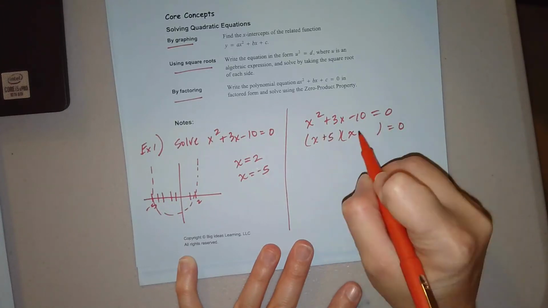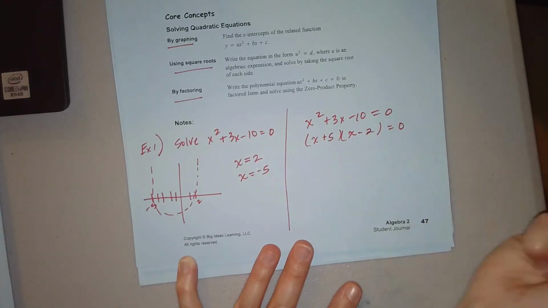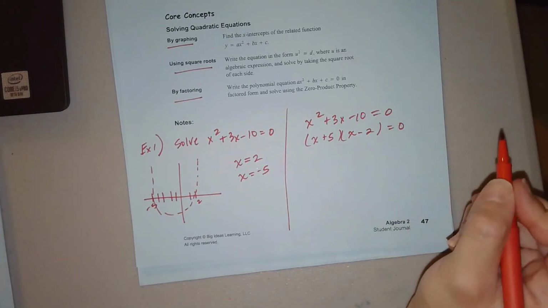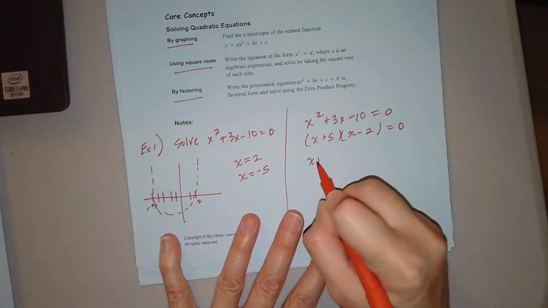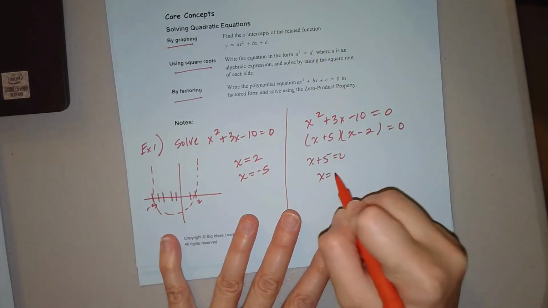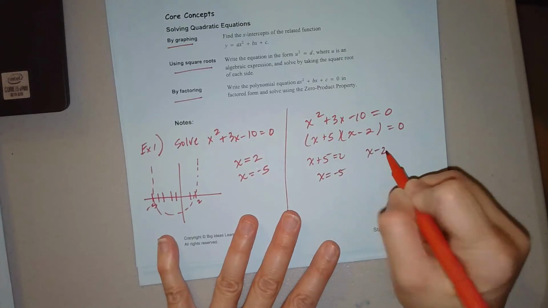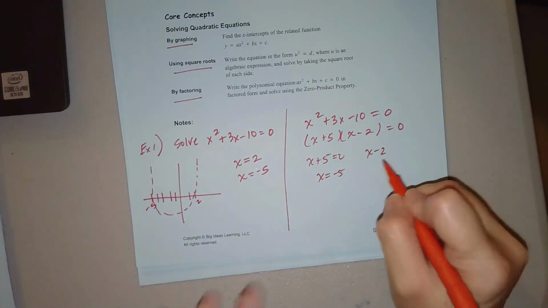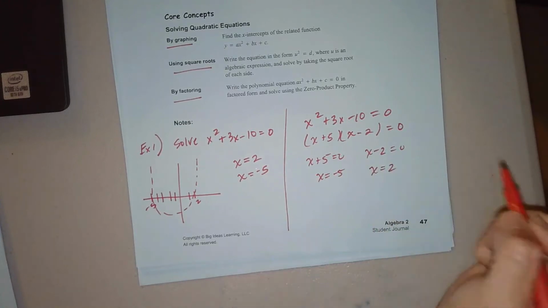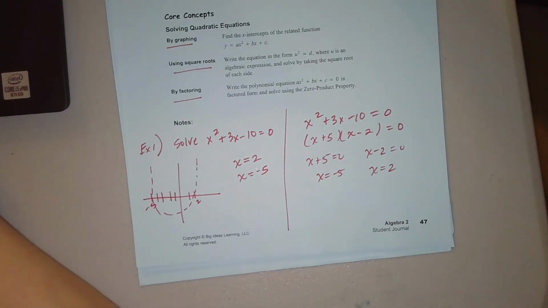That would be positive 5 and negative 2. Those two numbers multiply to negative 10 and add to positive 3. Then at this stage, you would set each factor equal to 0, and you would get ultimately the same solutions: x equals 2, x equals negative 5.